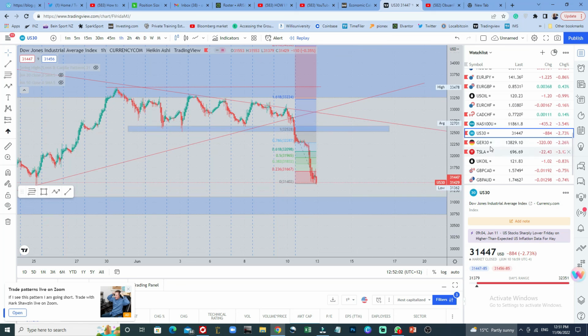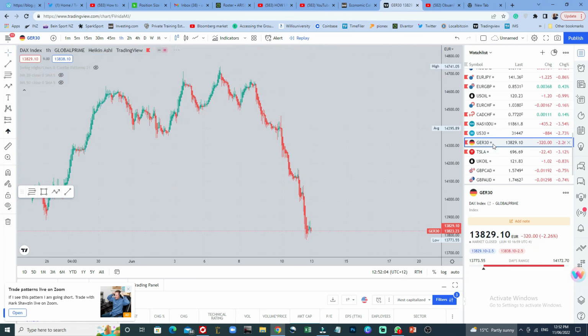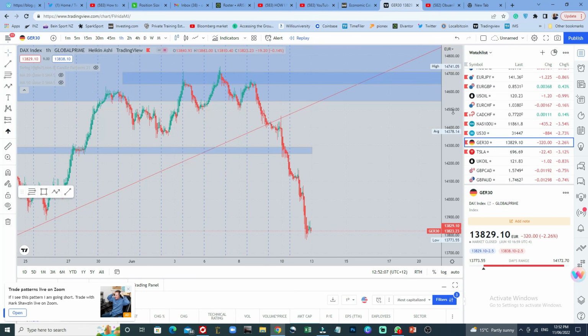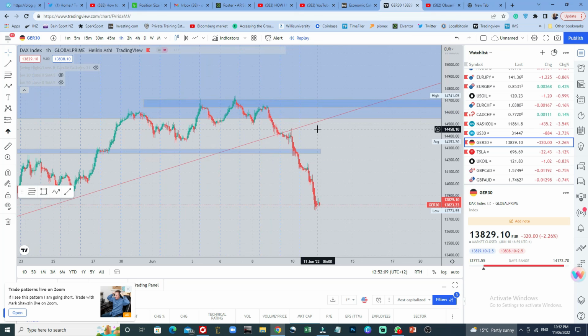So now for German 30, which is going to be the last one we look at, the same thing too. You can see that all these pairs are correlated, which means that they react similarly. So I'll wait for the market to pull back, let's say here or here or whatever. Let's say it pulls back here, goes up, then pulls back somehow.